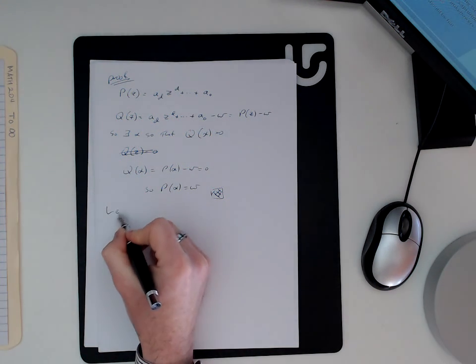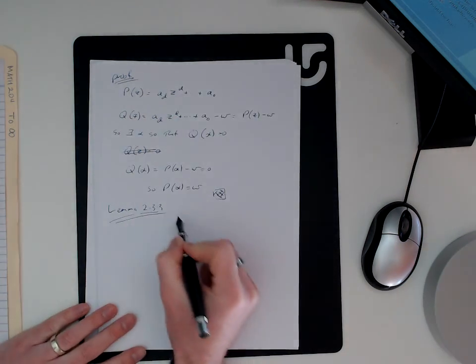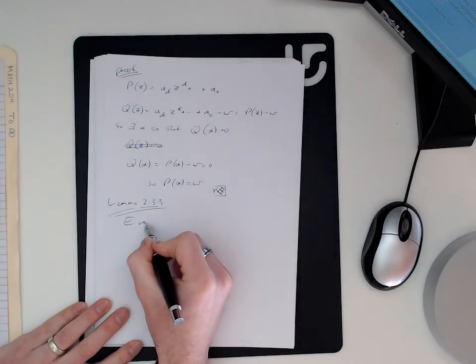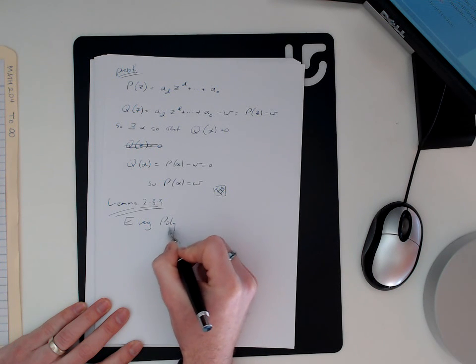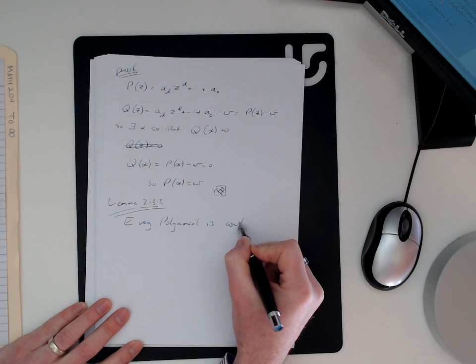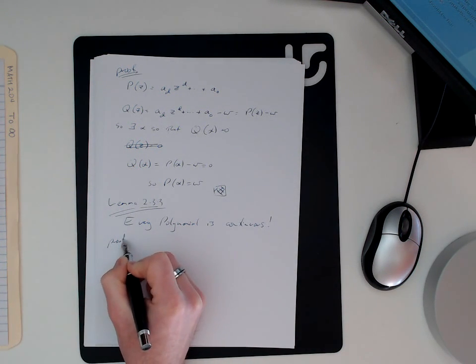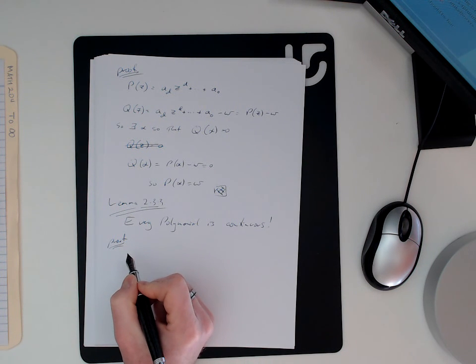Another lemma. Every polynomial is continuous. Proof. Perhaps not very surprising, because the same is true in the real numbers.